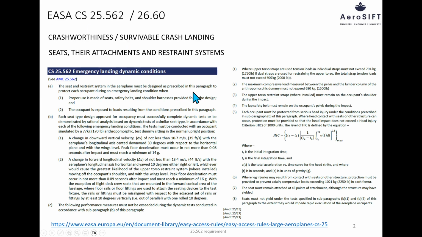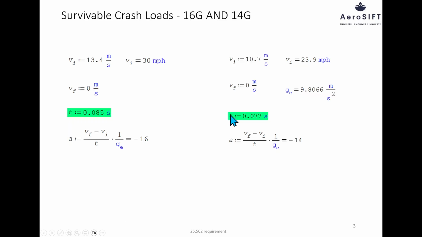It outlines the specific dynamic forces that the seat and the restraint system must be able to withstand to keep passengers safe. Important ones are the forward and downward deceleration forces that need to be accounted for in the design: 16G in the forward direction, 14G in the downward direction.